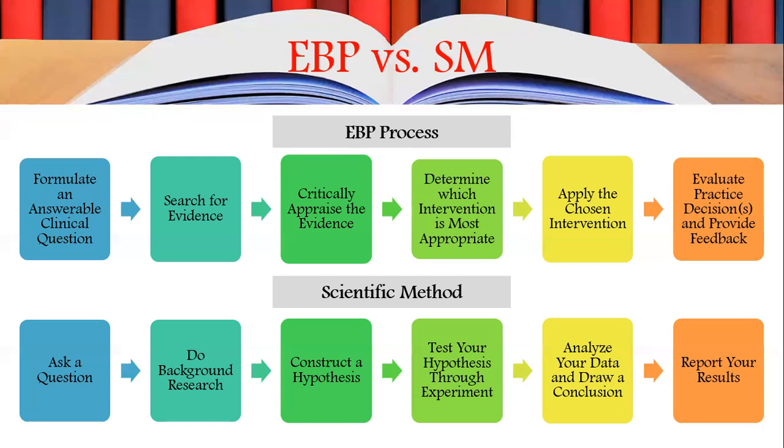So we're actually producing the research ourselves in the scientific method, okay? So the EBP process is more about consuming the research of others, and the scientific method is more about producing the research ourselves. So that's the difference. And then as well as we just learned, both start with a question, right? So that's a similarity, okay?